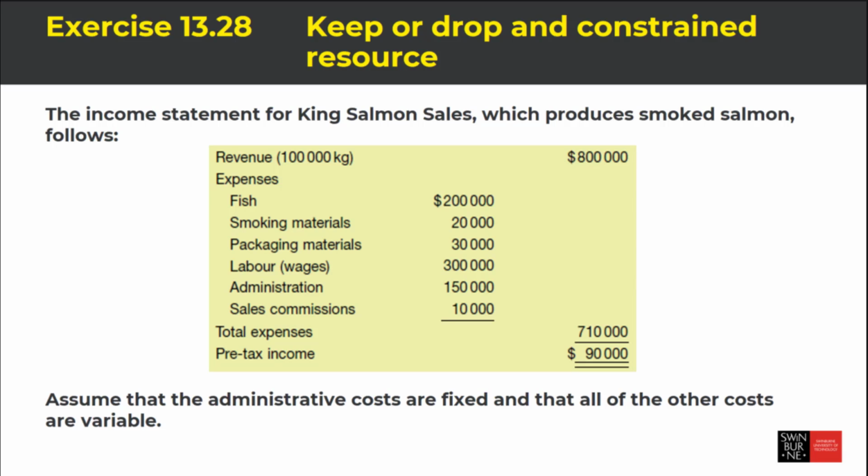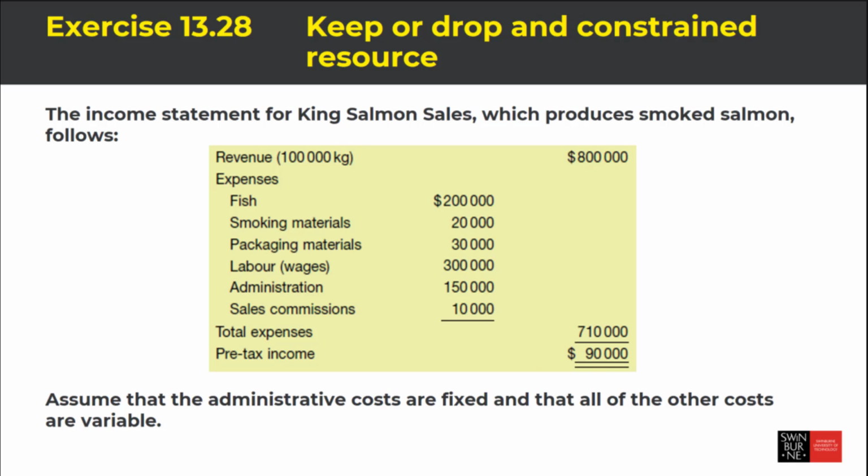Total expenses $710,000. Pre-tax income equals the difference, $90,000. Assume that the administrative costs are fixed and that all other costs are variable. So 150,000, this one is fixed costs and the remaining are all variable costs.